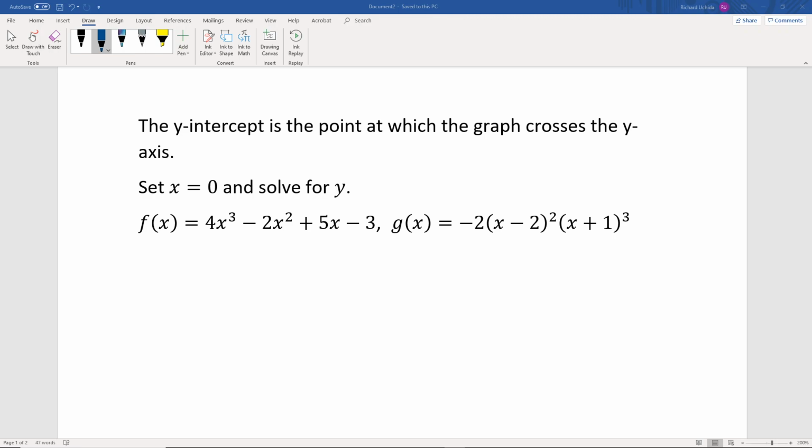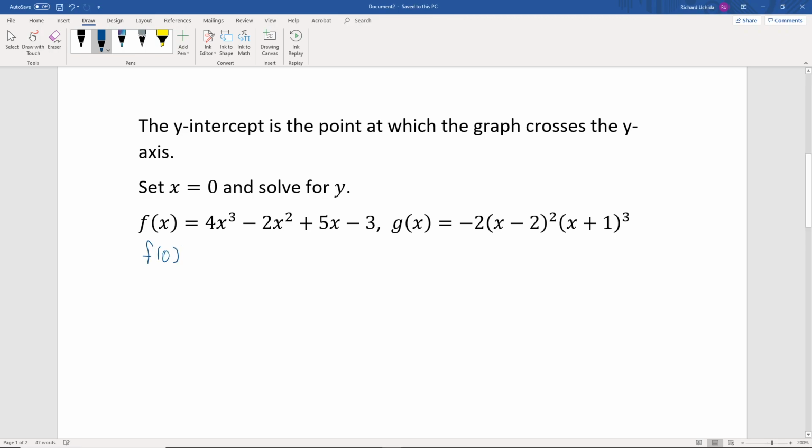For a couple of examples, let's say you're given the function f of x equals 4x cubed minus 2x squared plus 5x minus 3, and you're told to find the y-intercept. Again, what you do is plug in x equals 0 into the function.